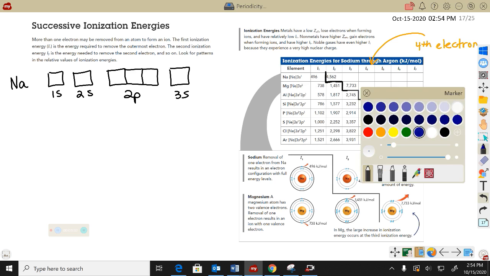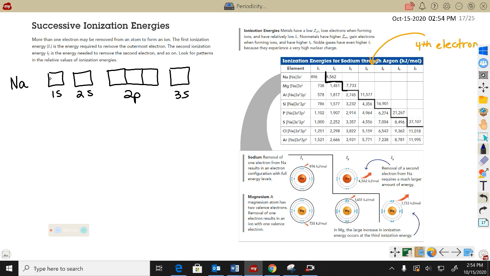Sodium is element number 11, so I would fill 1, 2, 3, 4, 5, 6, 7. I have to pair them for 8, 9, 10, and 11.